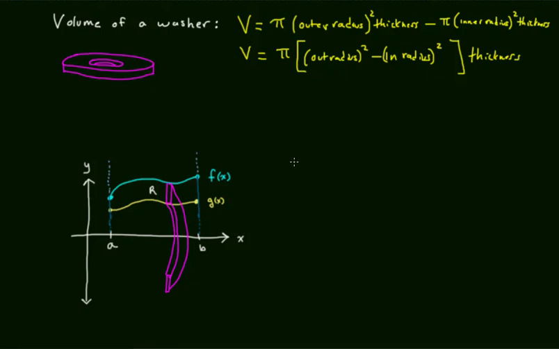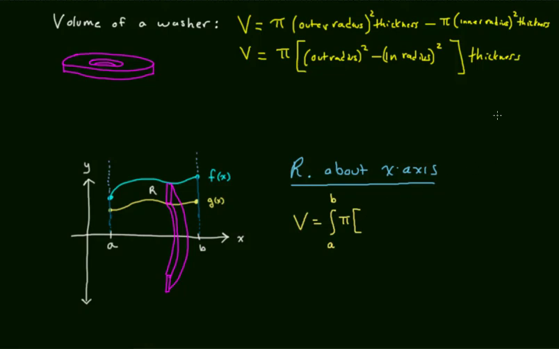So in this first example, again, we're going to talk about rotating about the x-axis. Alright, and we're going to set up the integral to find the volume of the resulting solid. So the volume equals the integral, and we're going to start from a to b, and then it's pi that's got factored out of the integral, now the outer radius, and I find this to be really helpful.